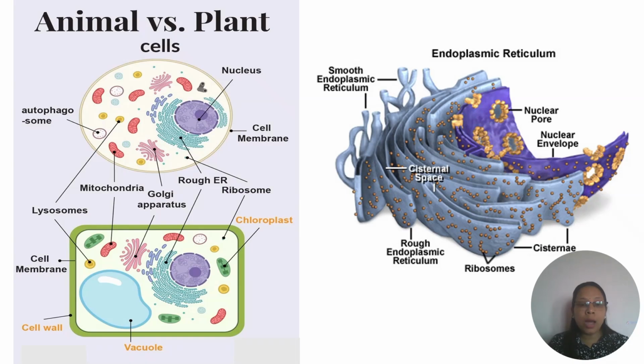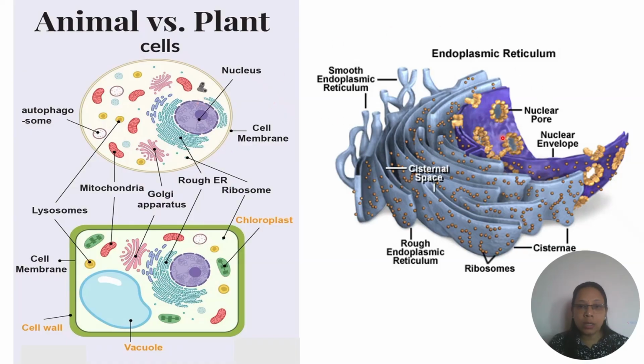In plant as well as in animal cells, endoplasmic reticulum is present. It is observed near the nucleus in both plant and animal cells, right?